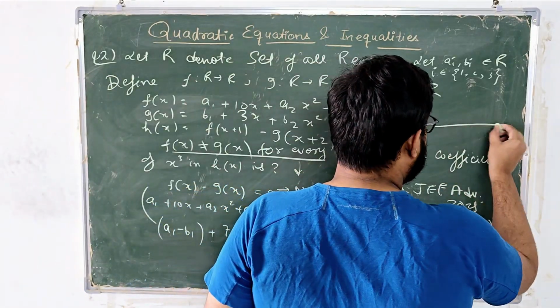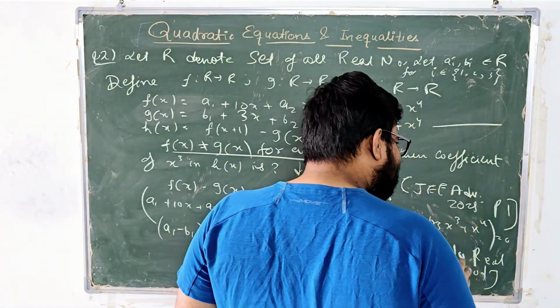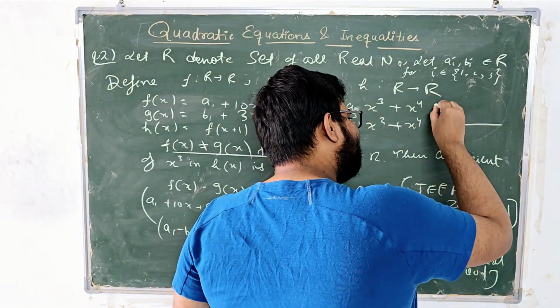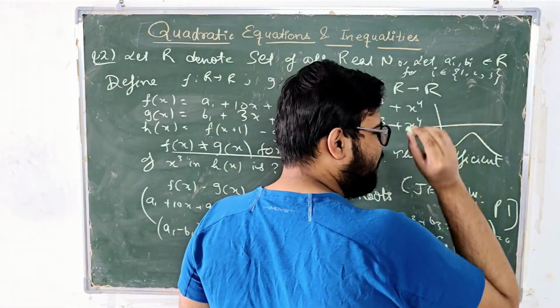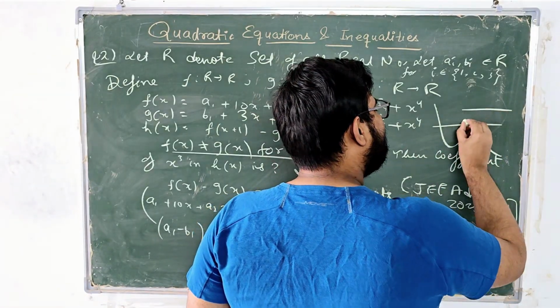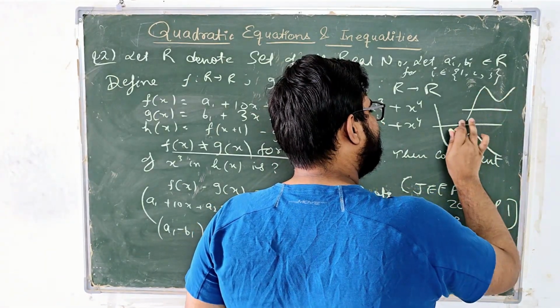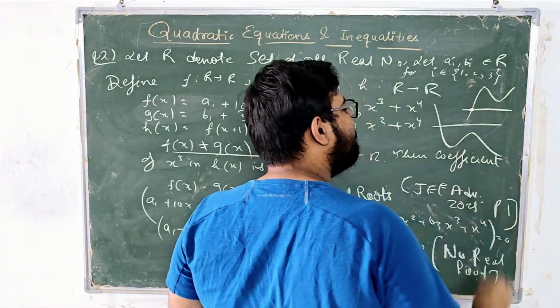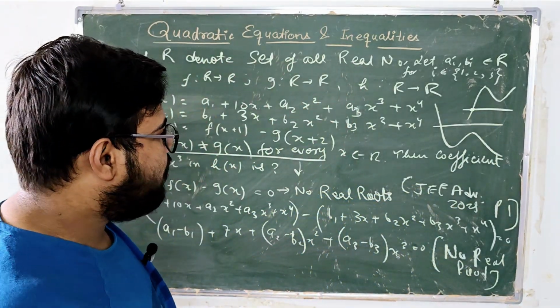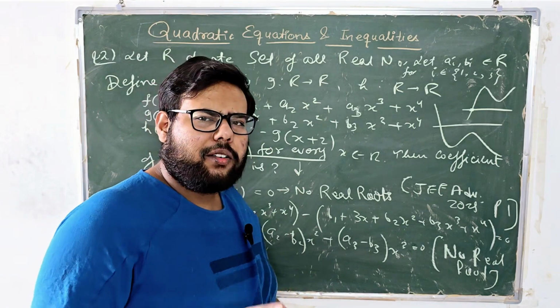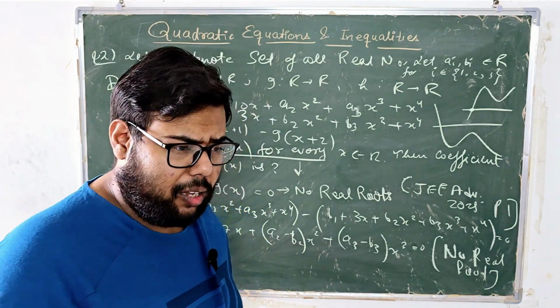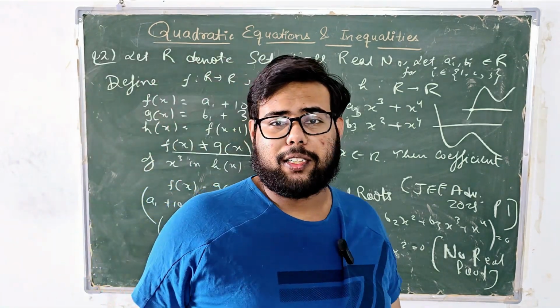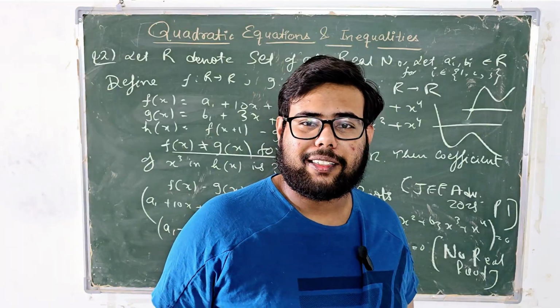Because you try as much as possible, it can go like this at max, or it can go at max like this. You will have at least one real root if it is a cubic. But if it is a quadratic, then of course maybe or maybe not. It's possible that both roots are complex.